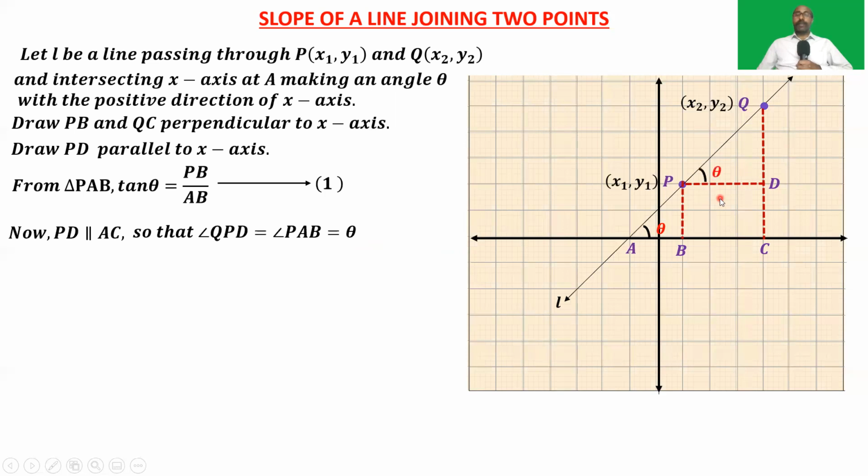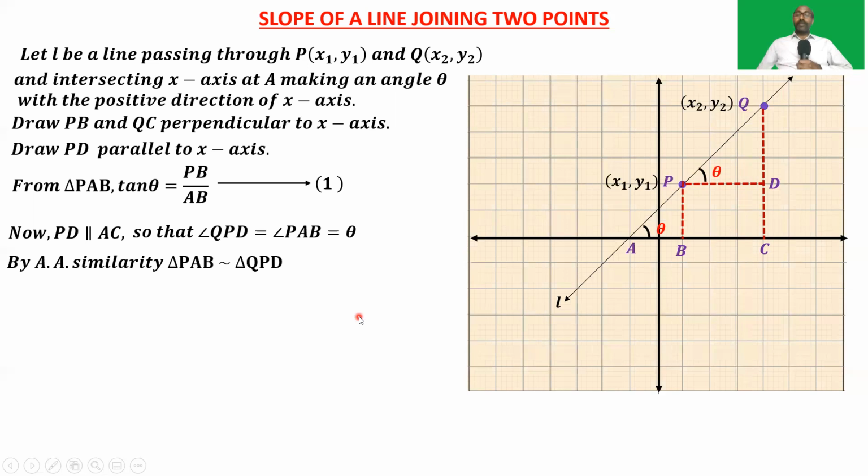Now from this figure, we can observe that in triangle PAB and triangle QPD, angle P is equal to angle A, and also angle D is equal to angle B is equal to 90 degrees. So by angle-angle similarity, triangle PAB and triangle QPD are similar.